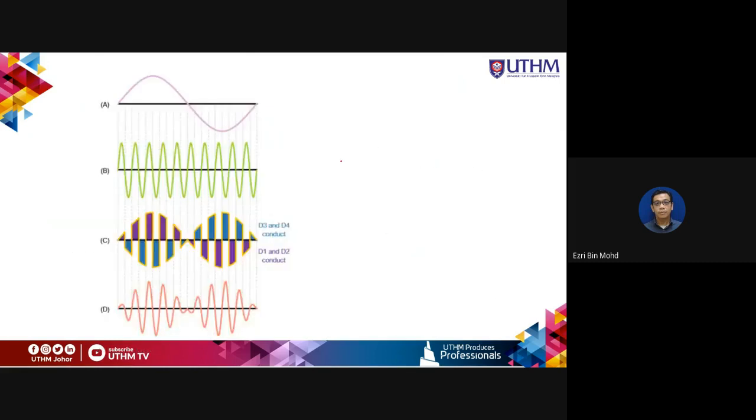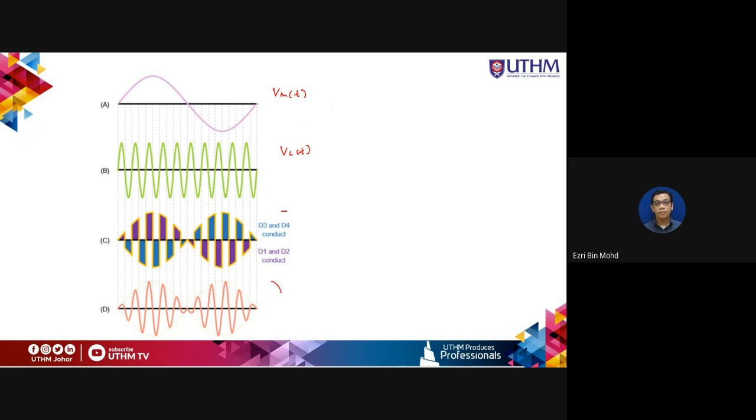So here is the illustration of the operation of the balance modulator. Here VMT is the modulating signal and VCT is the carrier. Here is the illustration when D3 and D4 conduct, which produces one side of the signal, and when D1 and D2 conduct, they produce the other side of the signal.